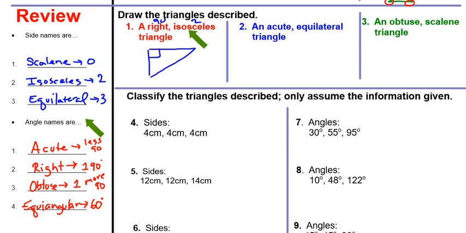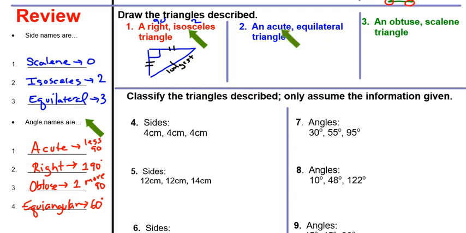And then if we go back and think about our notes, we did learn that in a right triangle, the one opposite the 90 degrees is always the longest, which means it can't be one of the equal sides. And so in this case, the two equal sides would have to be the other two, and then this hypotenuse would be different. So there's an example of a right isosceles triangle.